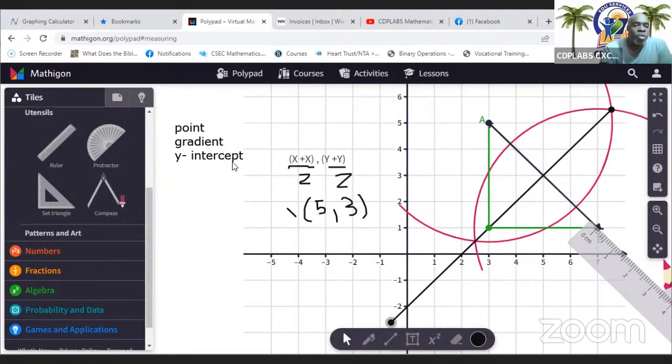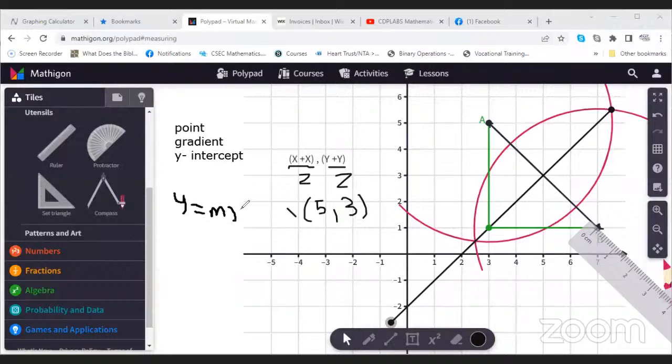So we know the gradient, and we know the y-intercept. Watch now. The equation of a line is written like this: y = mx + c.